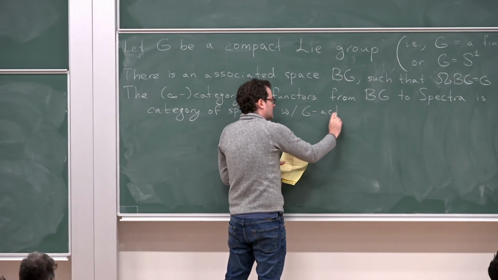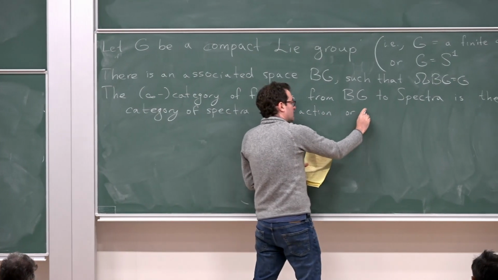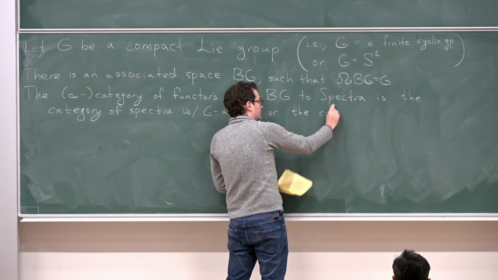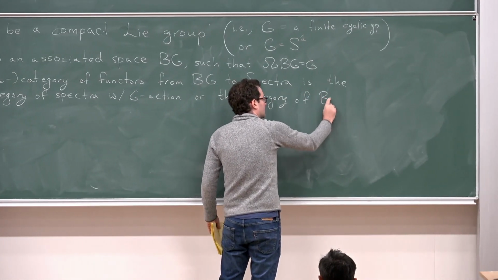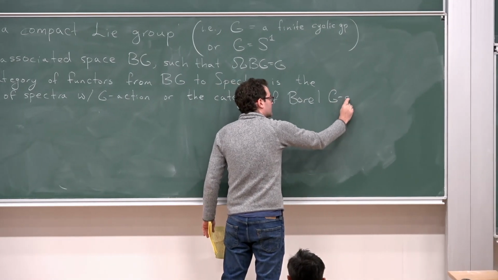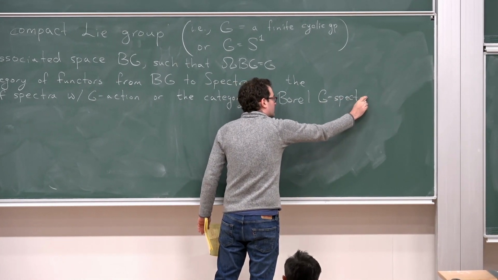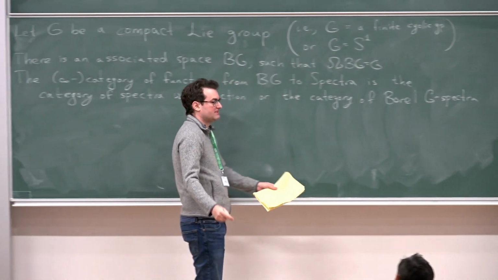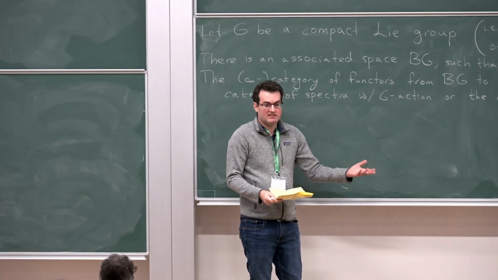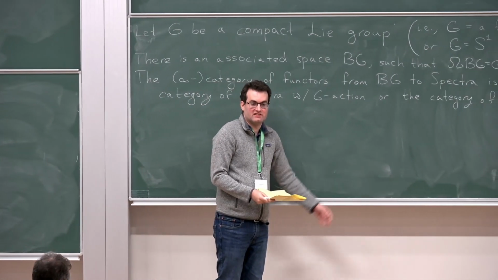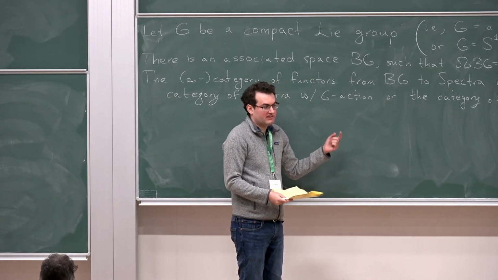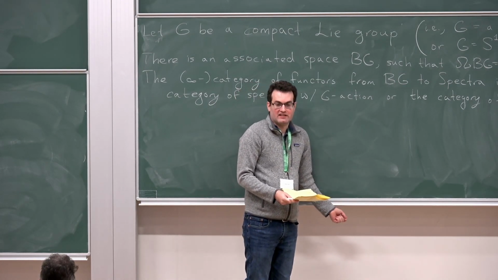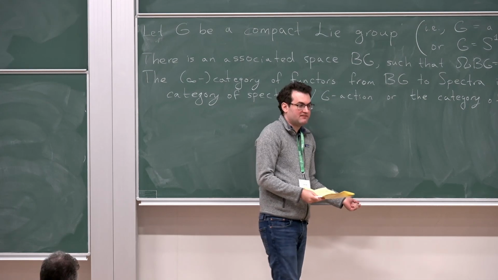Or if you prefer, it's also known as the category of Borel G-spectra. So to me, and hopefully to you, these terms are synonymous. A Borel G-spectrum is a spectrum with G action. It's just a functor from BG to spectra. And you can think about this as a local system of spectra varying over the space BG.